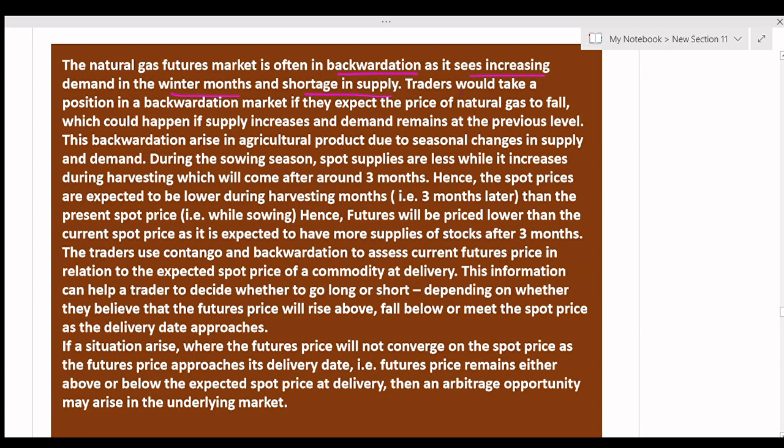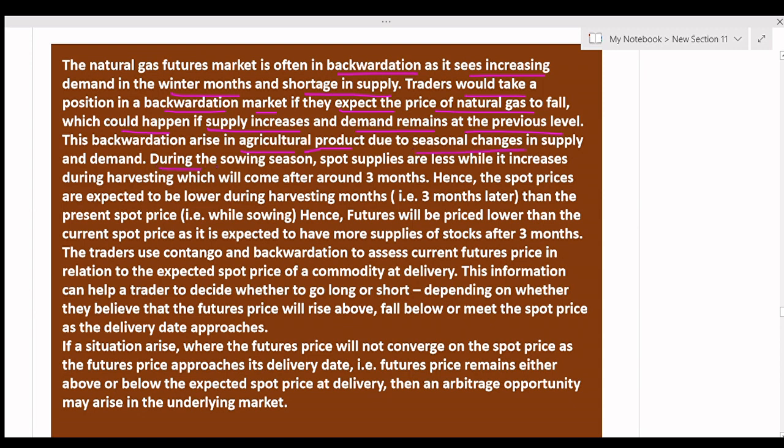Traders would take a position in a backwardation market if they expect the price of natural gas to fall, which could happen if supply increases and demand remains at the previous level. This backwardation arises in agricultural products due to seasonal changes in supply and demand.